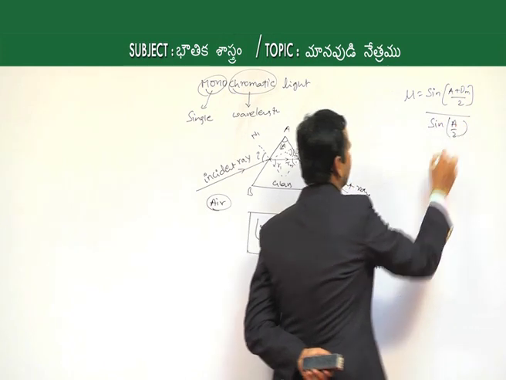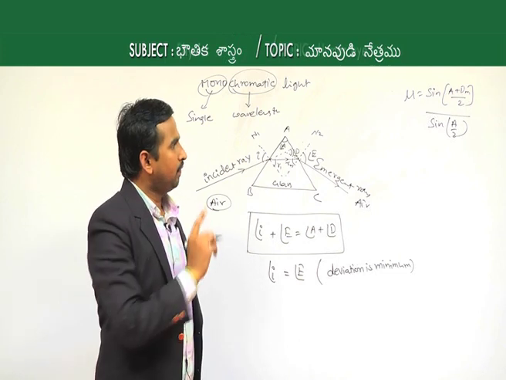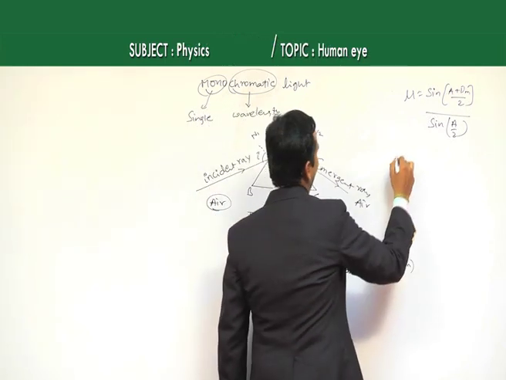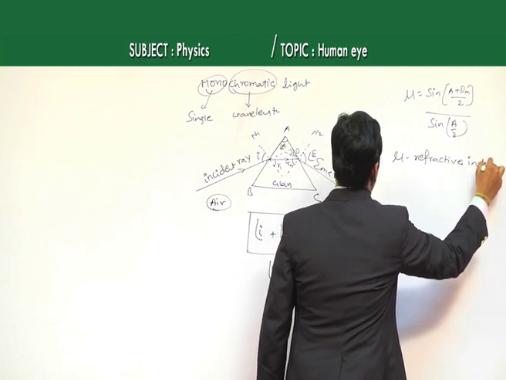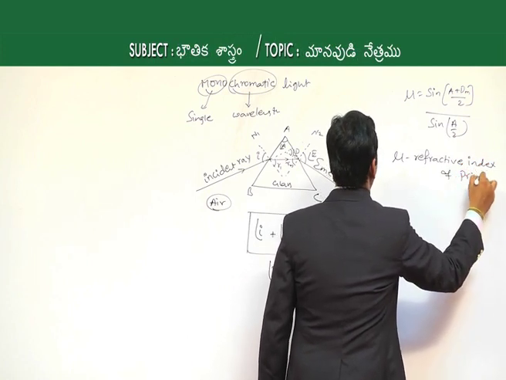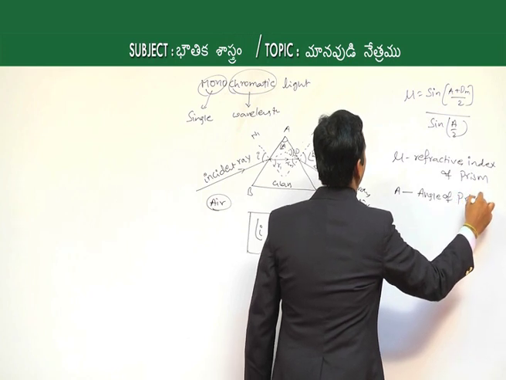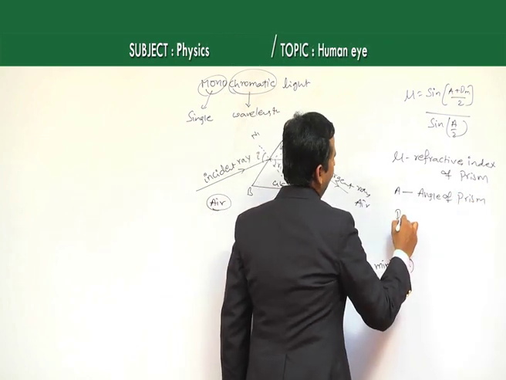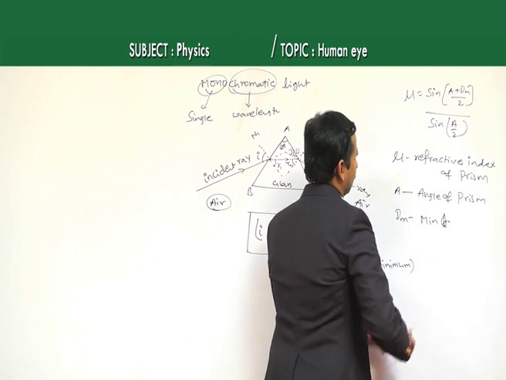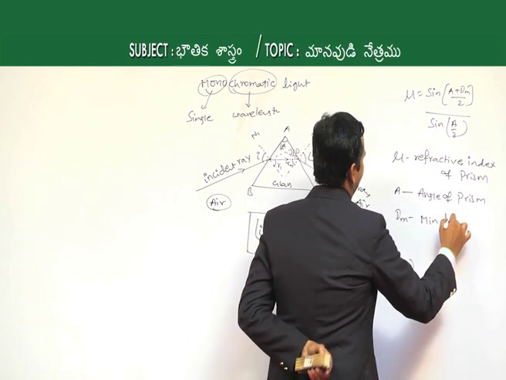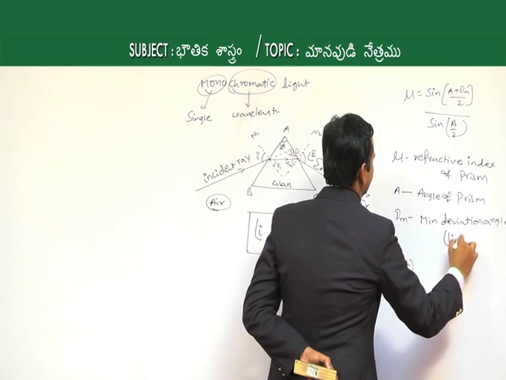Here A is the angle of the prism, mu is the refractive index of the glass prism, and Dm is the minimum deviation, which occurs when the angle of incidence equals the angle of emergence.